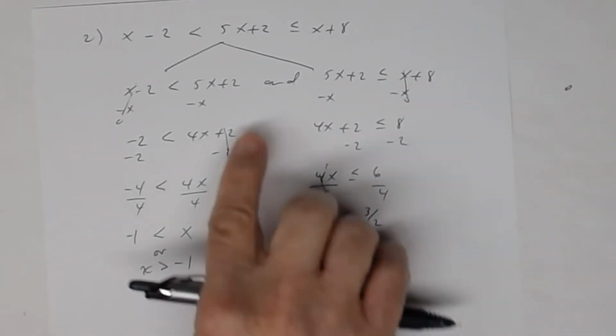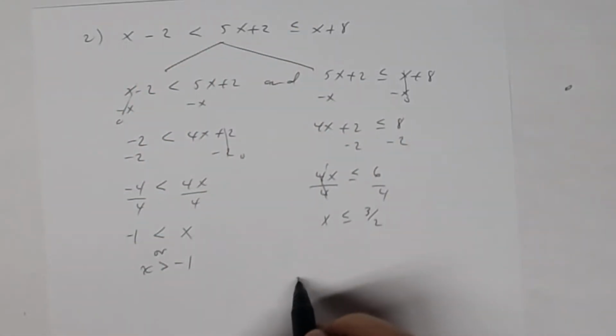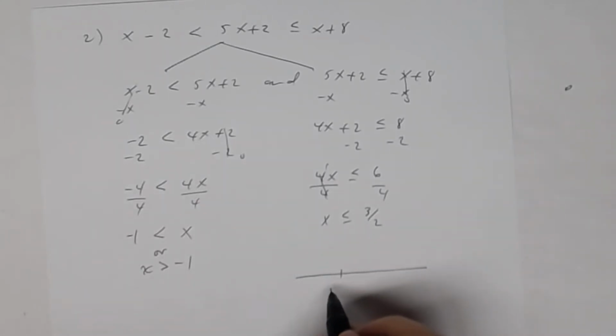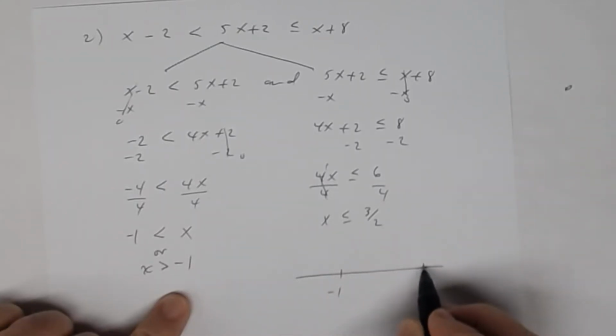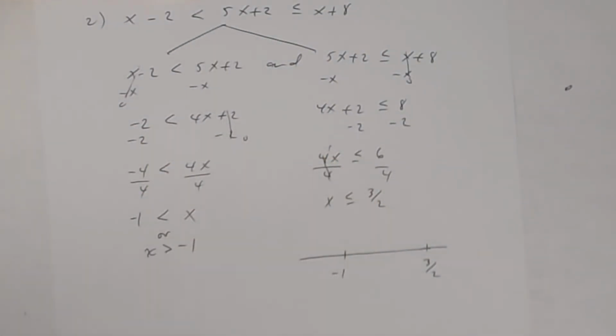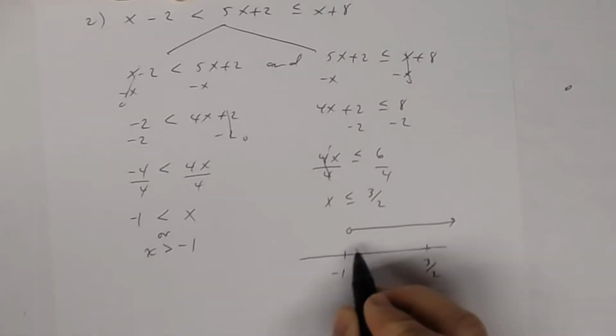But remember, I'm trying to find the solution to this compound inequality. So we have to think about it this way. Let's put negative 1 and 3/2 on the number line. Here's negative 1. Here's 3/2. The solution to this compound inequality is any real number greater than negative 1, so open circle to the right.